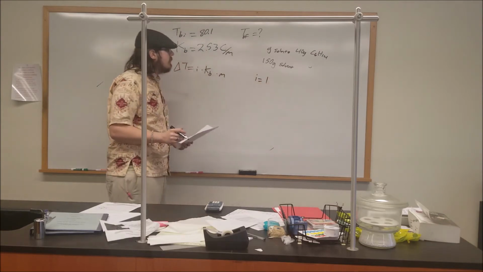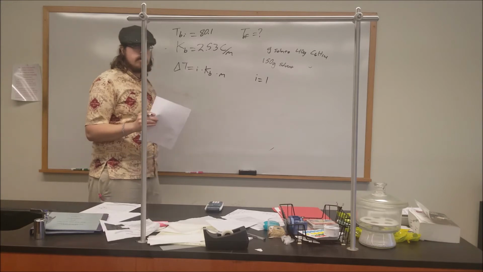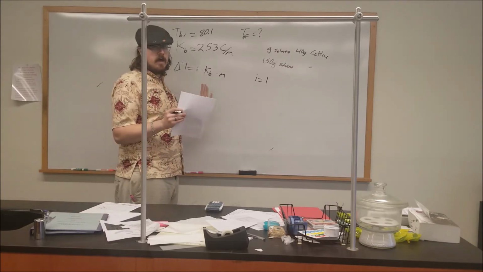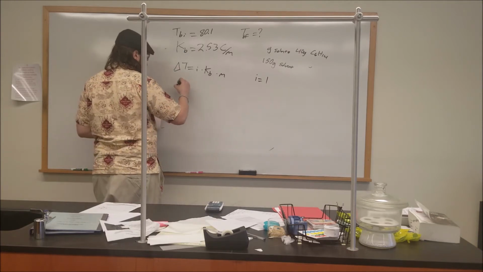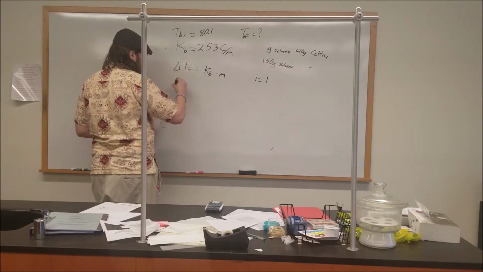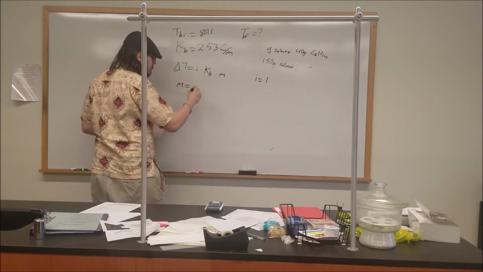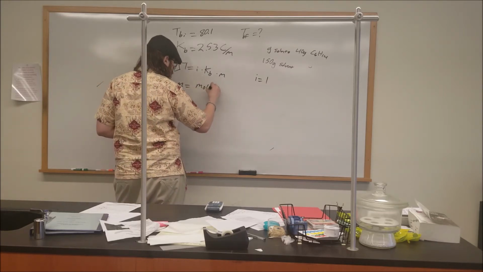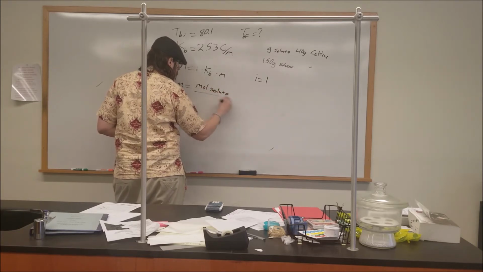K_b is already given. So all we have to find to use this equation is m, molality. Molality is that weird cousin of molarity that no one really wants to talk about. Molality is defined as moles of solute over kilograms of solvent.